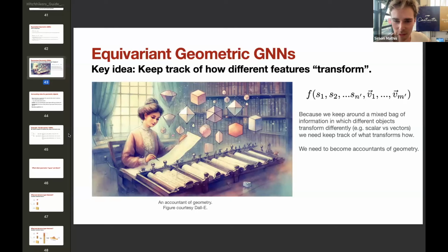And the key idea is that if we want to build equivariant GNNs, we need to do accounting, and that's Dali's interpretation of accounting with geometric quantities. So when we build equivariant GNNs, we just need to keep very diligent track of what sort of objects, and what we call types in our Hitchhiker's Guide, with the allusion to type theory, we pass through the network.